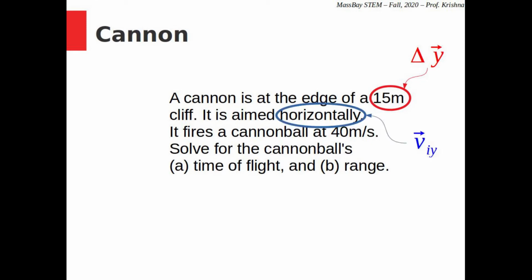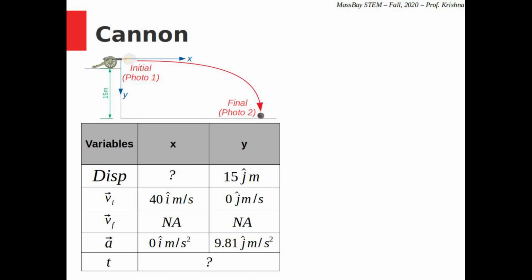We also know that it was fired horizontally. That means it had no velocity in the y direction initially, but its velocity in x was 40 meters per second. Finally, the acceleration in y is due to gravity, 9.81 meters per second squared. And unless you are told otherwise, in projectile motion, acceleration in x is always 0.